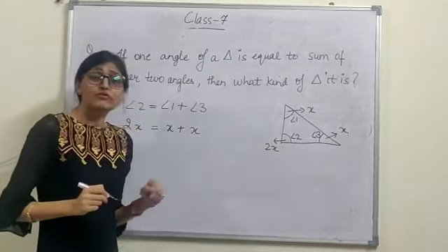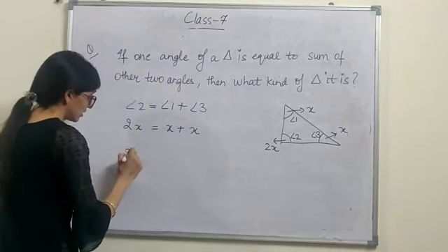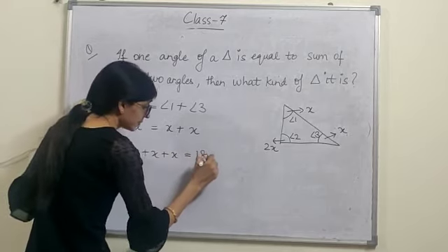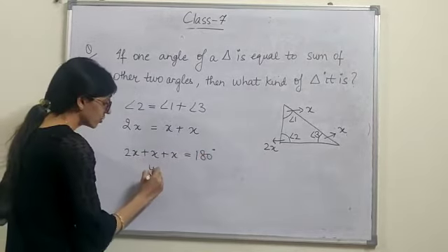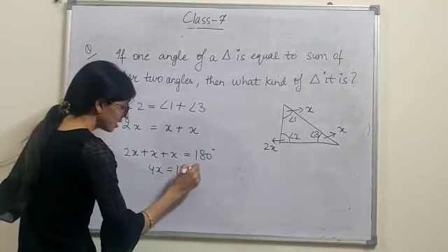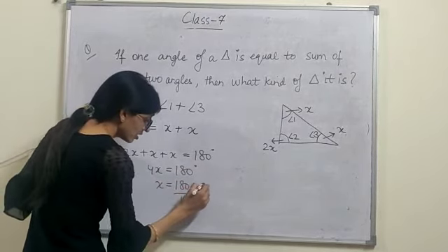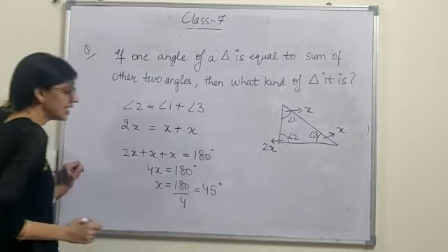And what is the sum of all the angles of a triangle? 180 degrees. 4x equals 180 degrees. x equals 180 degrees divided by 4, 45 degrees.